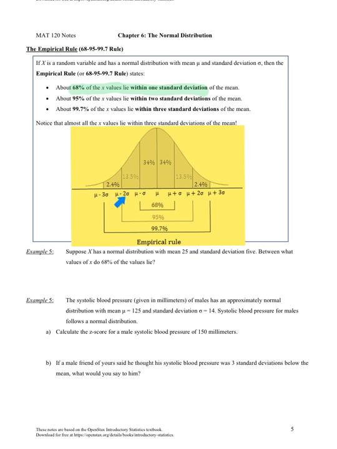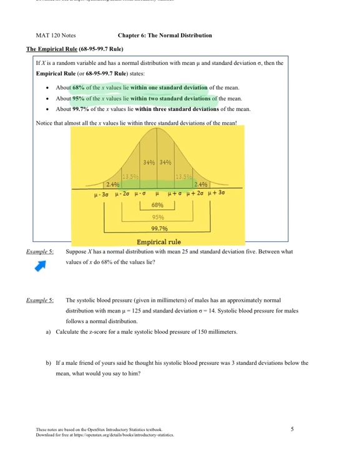Now, if we look at 2 standard deviations to the left and 2 to the right of the mean, a total of 95% of our data falls within 2 standard deviations. Furthermore, if we take a look at 3 standard deviations to the left and 3 to the right, about 99.7% of our data will fall within 3 standard deviations of the mean for a normal distribution.